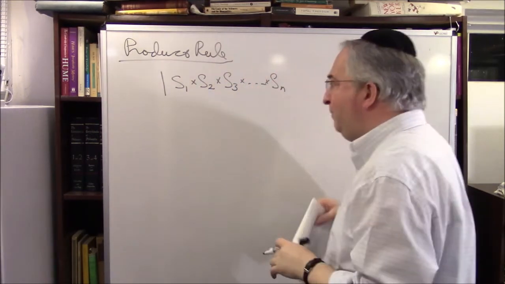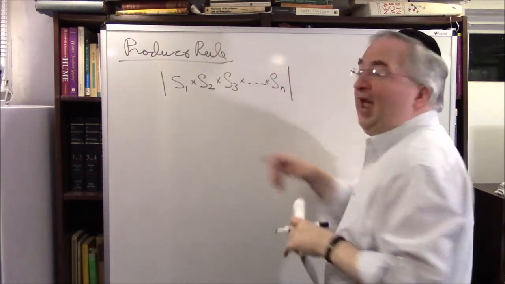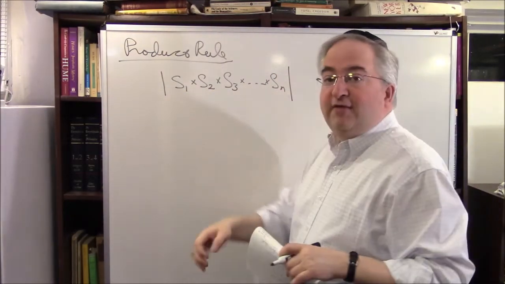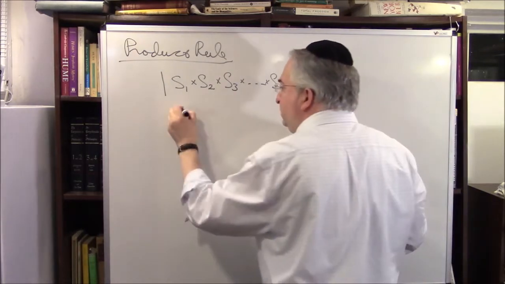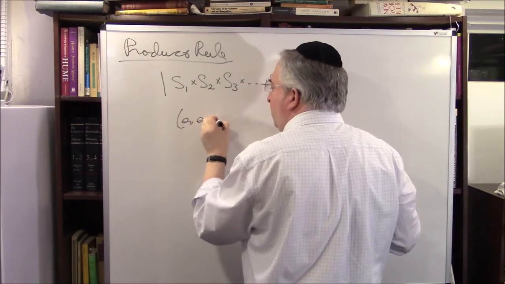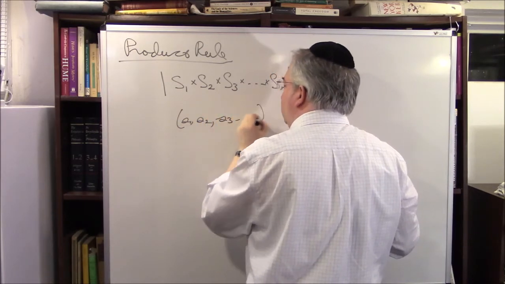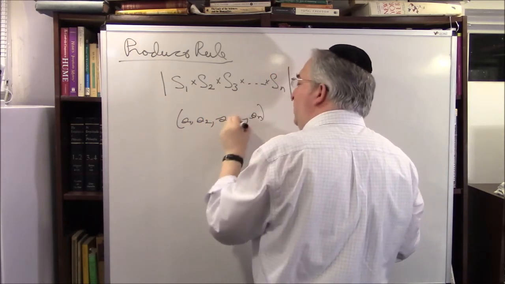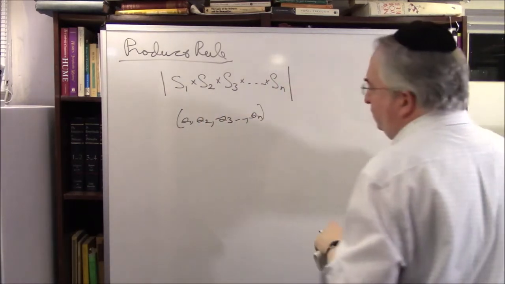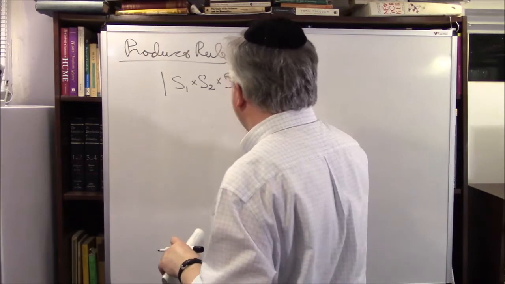You have a bunch of sets, and you want n-tuples of those sets. Now this consists of little elements, we'll call them s1, s2, s3, sn, where each one belongs to that set. So those are n-tuples of sets. We'll see an example in a second.